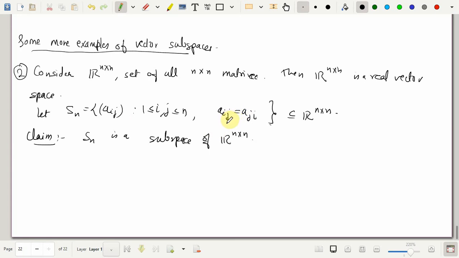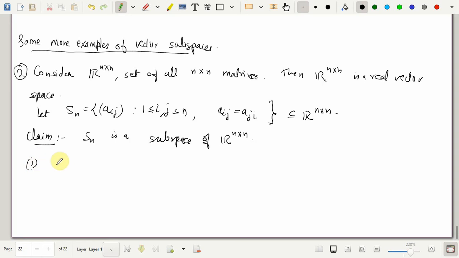Symmetric means its transpose is the same as the given matrix, which means that Aij is the same as Aji, if Aij denotes the entry of the matrix. So we need to check whether the zero matrix is symmetric.